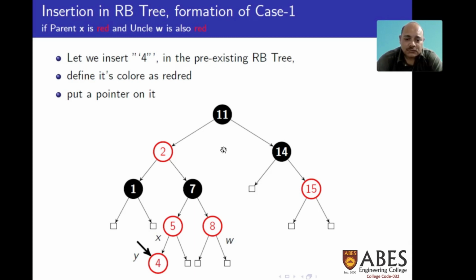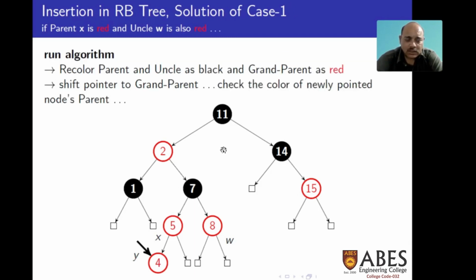The resolution of case 1 is, we will shift the color of the grandparent to the uncle and parent. That means the uncle and parent have the common color red. This red color we will shift up, that means we will give it to the grandparent, and the grandparent's black color we will shift one step down, that means we will provide it to 5 and 8.